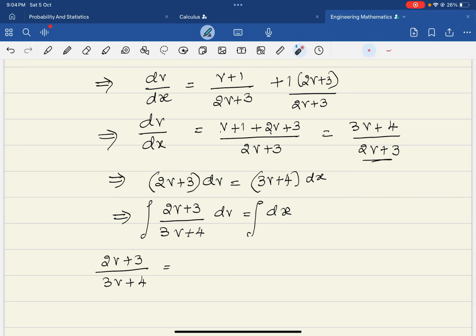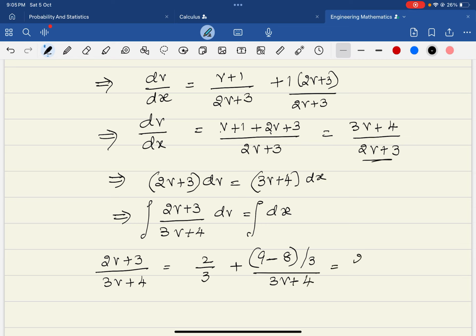How can we split it? As I told you, first thing is 2 by 3 first we write, correct? It is 2 by 3 plus, now here what you have to take is 3 into 3, that is 9, minus, again we take 4 into 2, that is 8. 9 minus 8 over, the coefficient of the denominator 3, that is 3, over the denominator 3v plus 4.